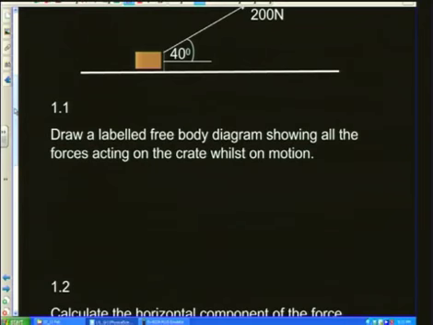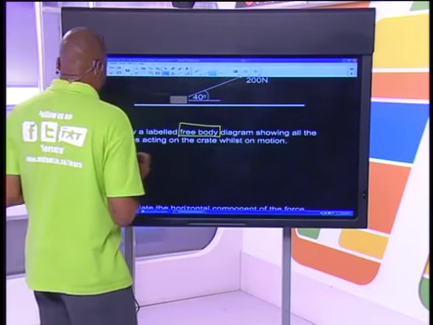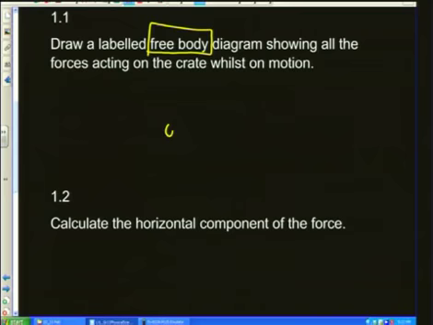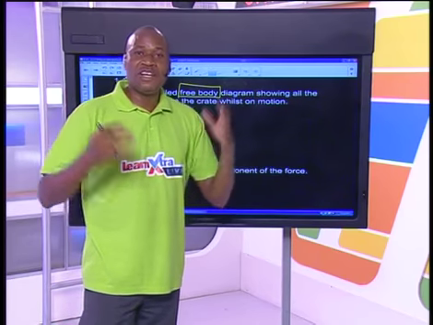Now, as the crate is moving to the right, and it's on a horizontal surface, what are the forces acting on it? In a free body diagram, you don't have to waste time trying to draw what that box looks like. You just use a dot to represent that box. So there is my dot. I can fail to show every other force, but at least I should show the gravitational force.